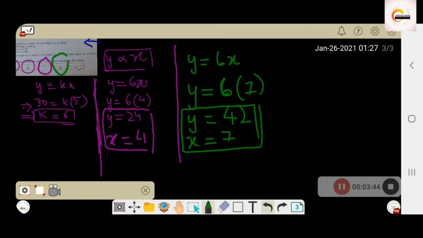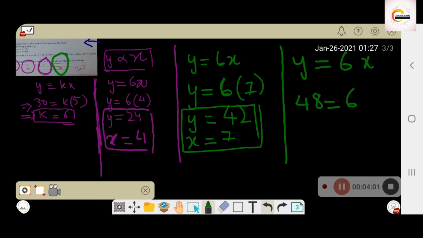Now I'm taking this question, when y is equal to 48. So now I have 48 equal to 6x.